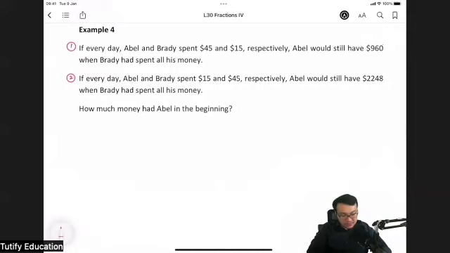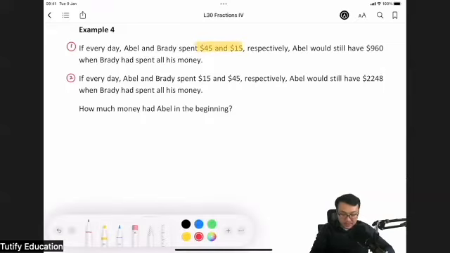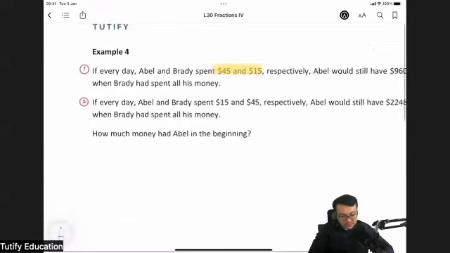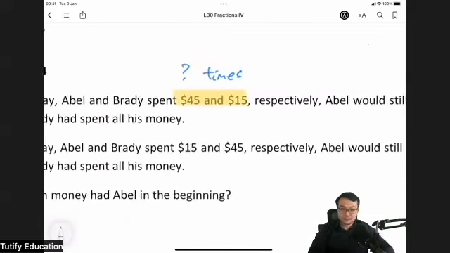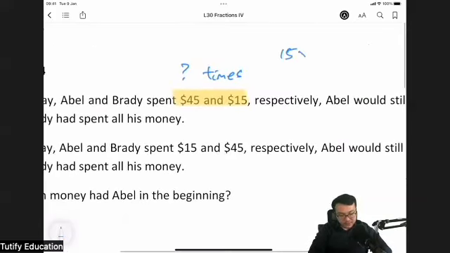Now let me ask you something. Look here. Tell me, Abel is spending more money, right? How many times more money? How many times more is Abel spending if you compare to Brady? 15 times what equals 45?